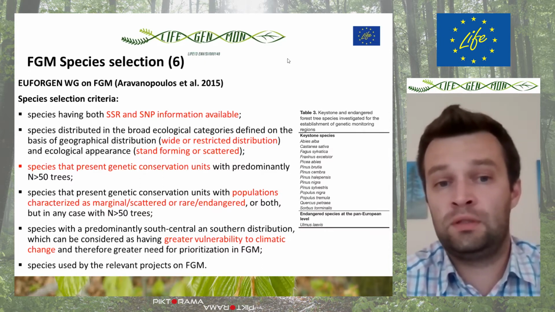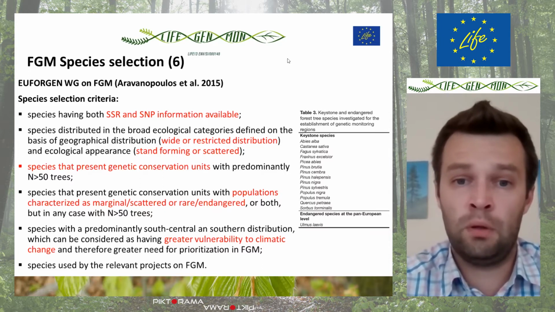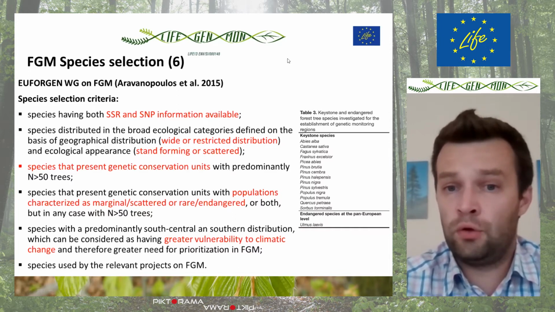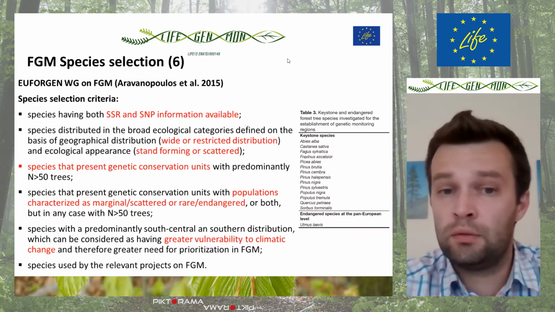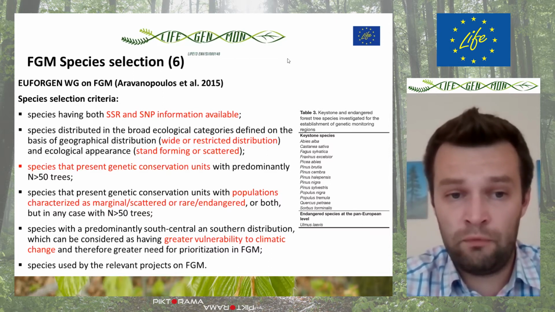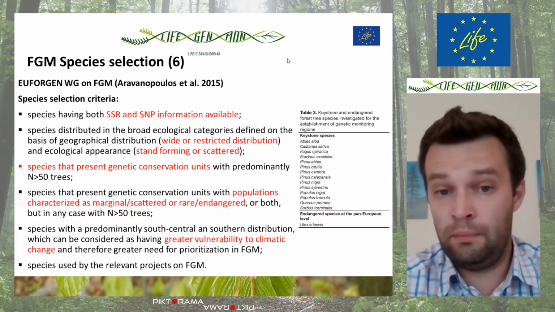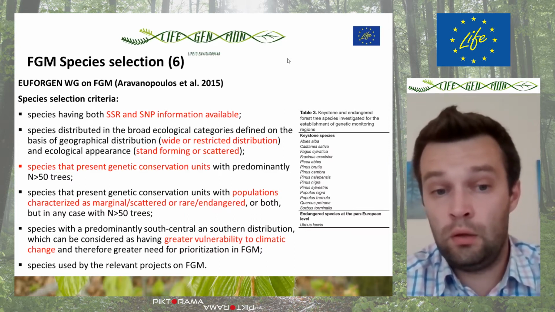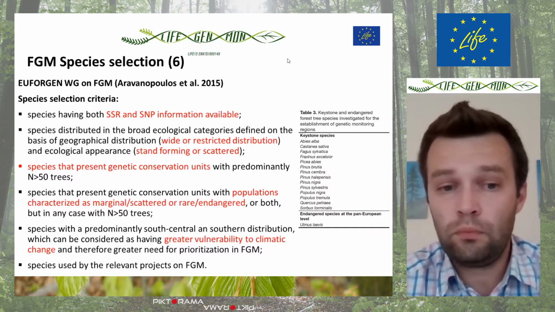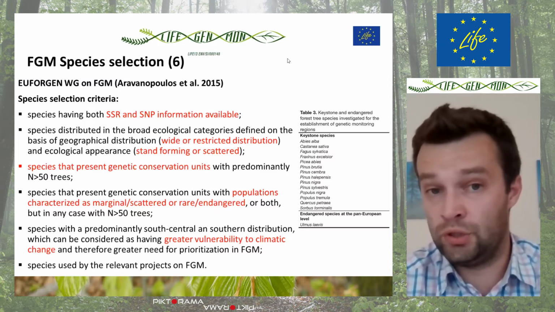For example, there were criteria like species having both microsatellite and SNP information available, or species which are distributed in broad ecological categories, wide or restricted distribution, and for example, stand-forming or scattered tree species, or species that present genetic conservation units with predominantly 50 trees, or species which are marginal or rare, but with a minimum number of 50 trees, or also species which are important in the light of climate change in southern distribution, and also species which were used in relevant projects on forest genetic monitoring may be used for genetic monitoring.